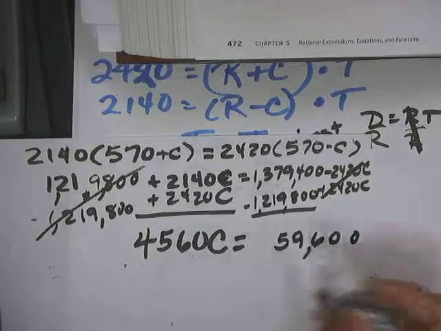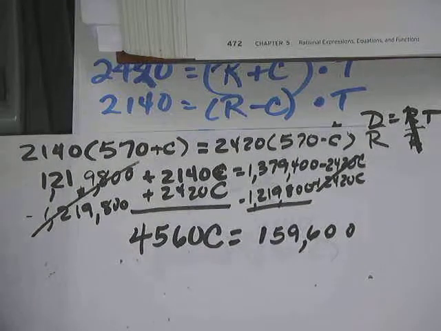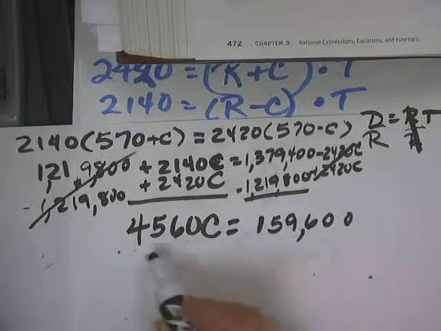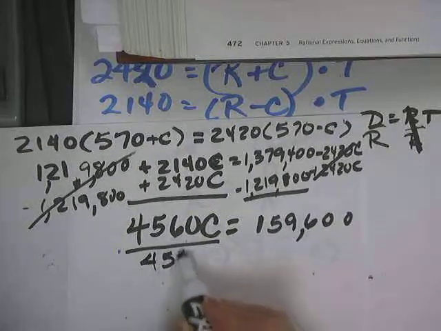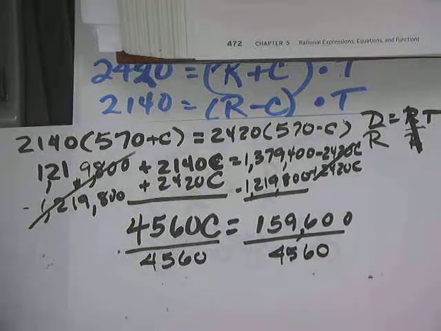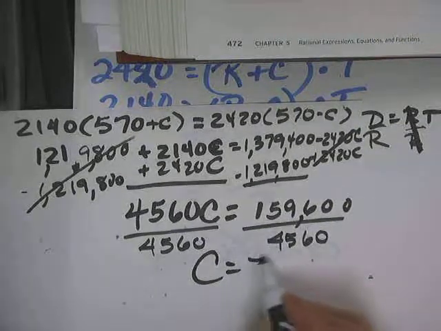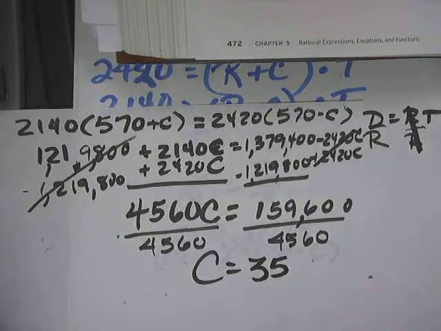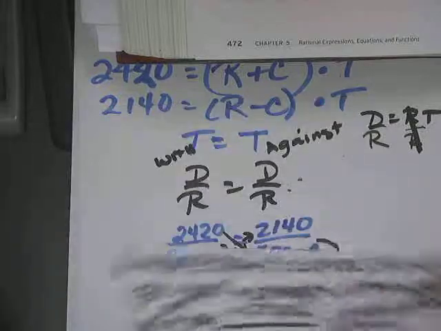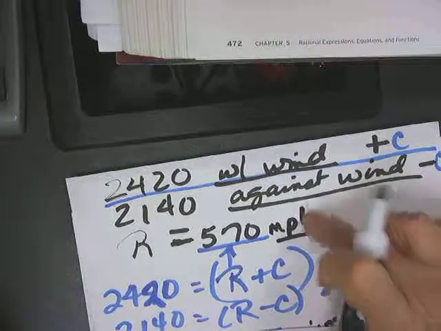Minus 1,219,800. Now make it quicker, right? So this added 4560, and this subtracted, 159,600. Okay, divide that by 4560.